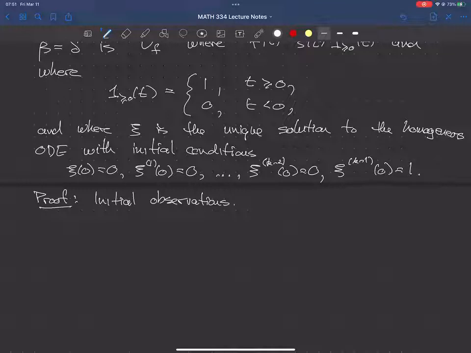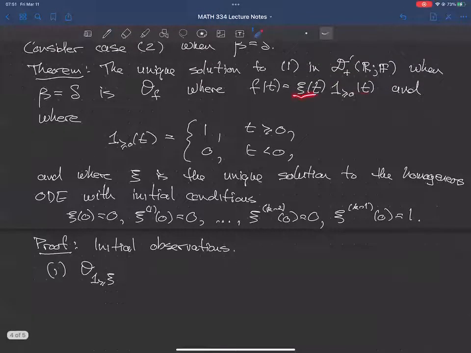Okay, so first is that theta, the step function times c, because that's what I'm talking about here, right? This is the function that corresponds to my proposed solution.